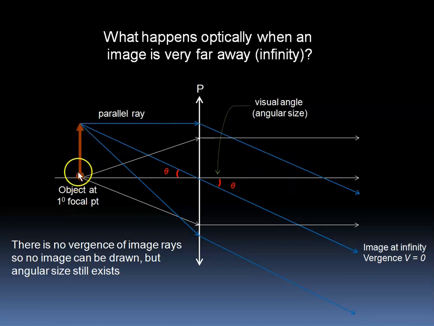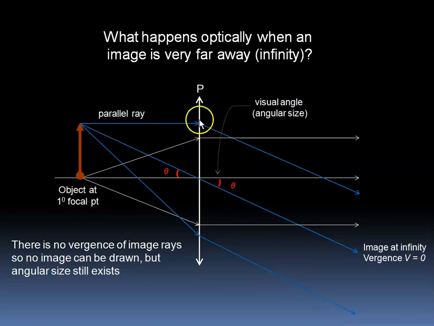We have the bottom point giving off divergent rays, and then the image rays are non-divergent. Similarly, the top point on the object gives off divergent rays, which have their corresponding image rays that are also non-divergent. The image is optically at infinity.